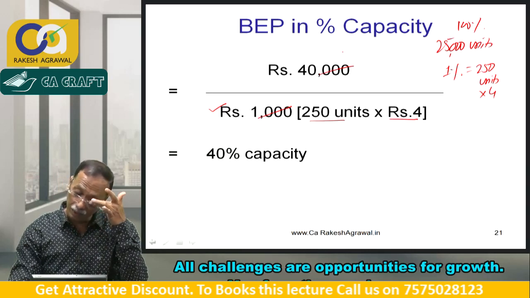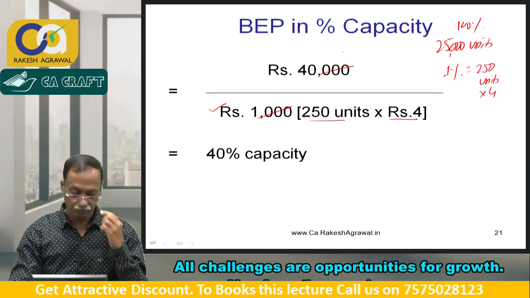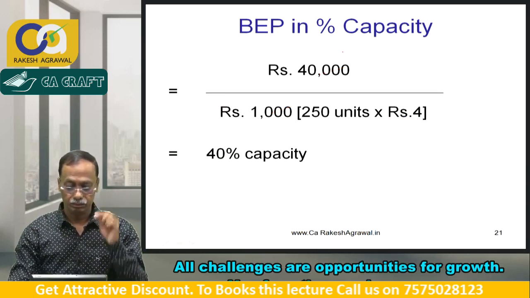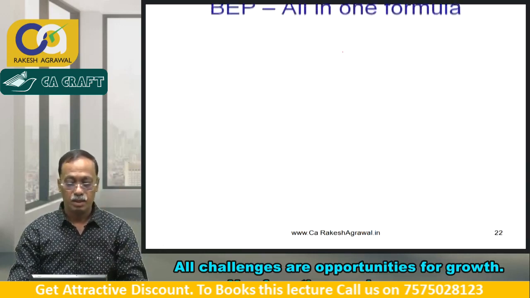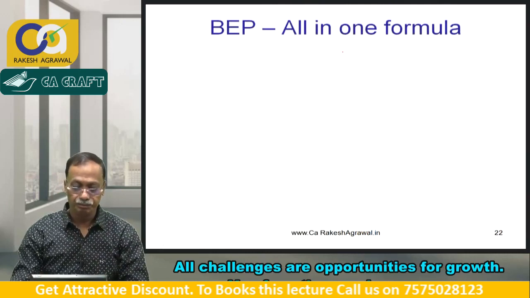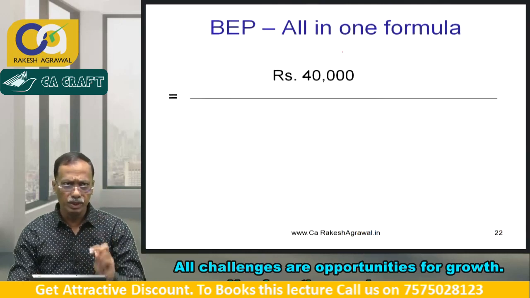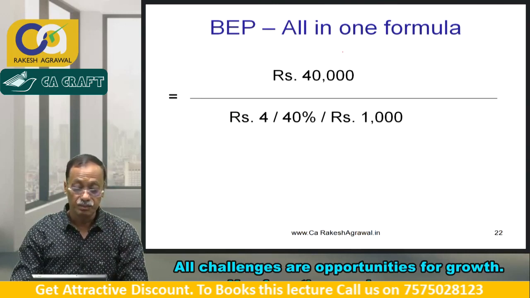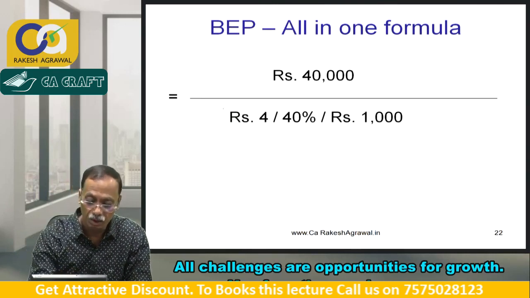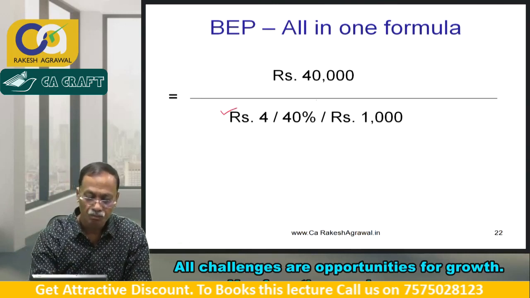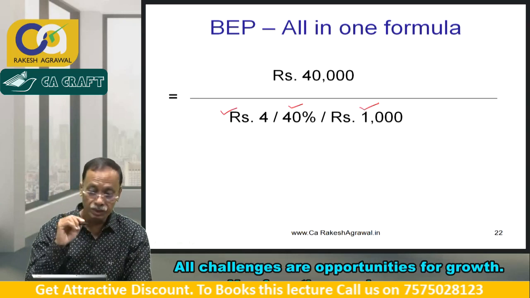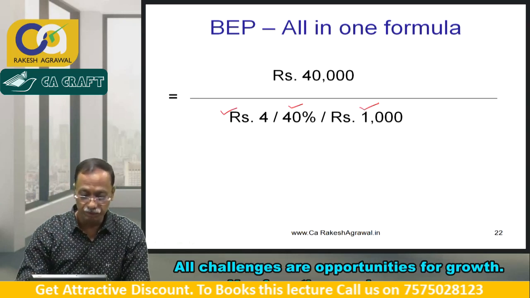Now I'll discuss a little more. I'll just take you through all in one, just for understanding purpose. Numerator total fixed cost 40,000. Denominator is either contribution per unit 4 rupees, or PV ratio 40%, or contribution at 1% capacity 1000. Now let's try to understand what logic works behind this.